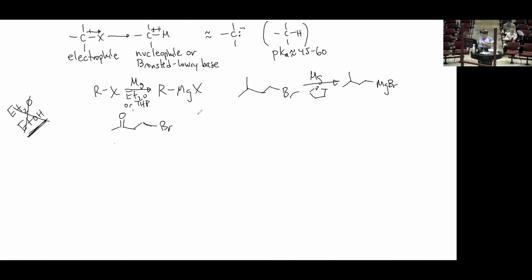Okay. The carbonyl would prevent the reaction from occurring to give anything clean or anything useful. So likewise, if it had an OH group or an NH bond anywhere in there, you can't get the Grignard reaction. Same is true of alkyllithiums.